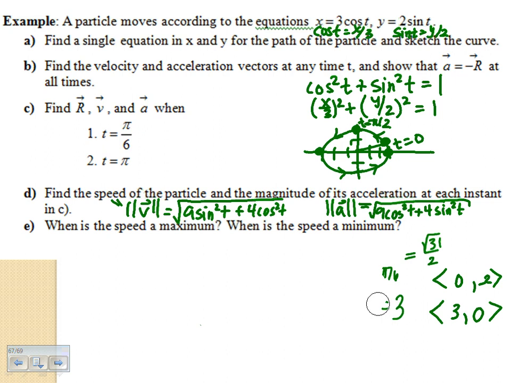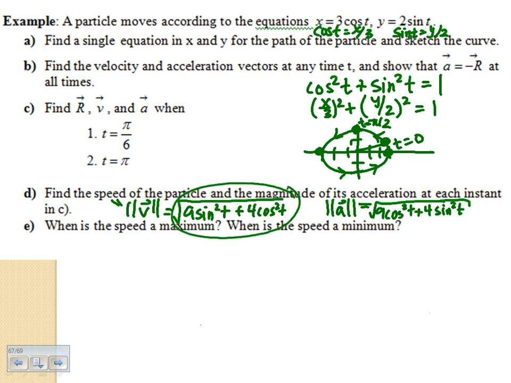So, when is speed a maximum? We have speed going on right here, correct? So where is speed a maximum? We could find the first derivative of speed, set it equal to 0, then hit our critical points.